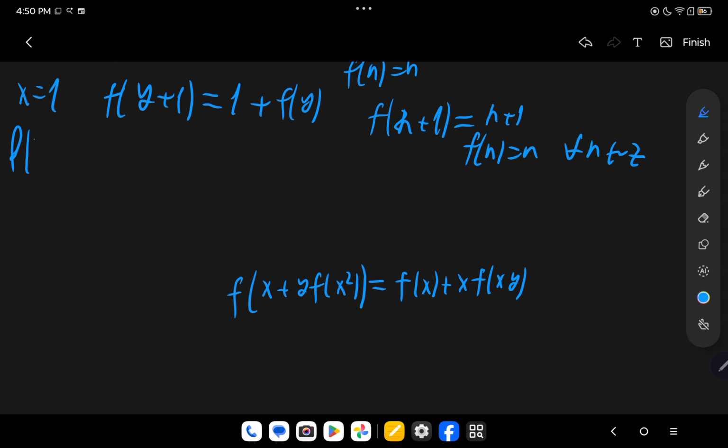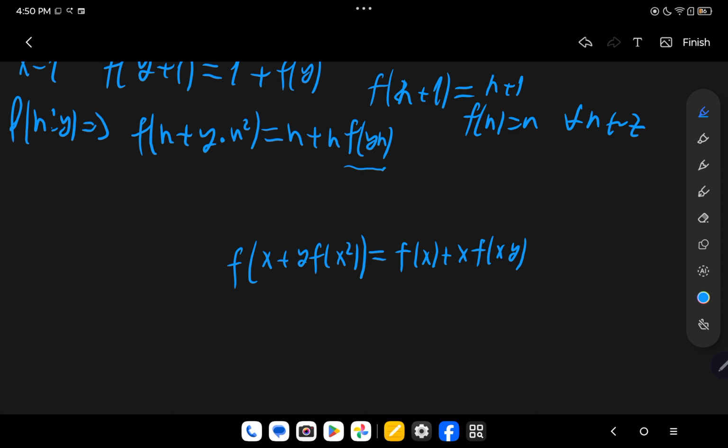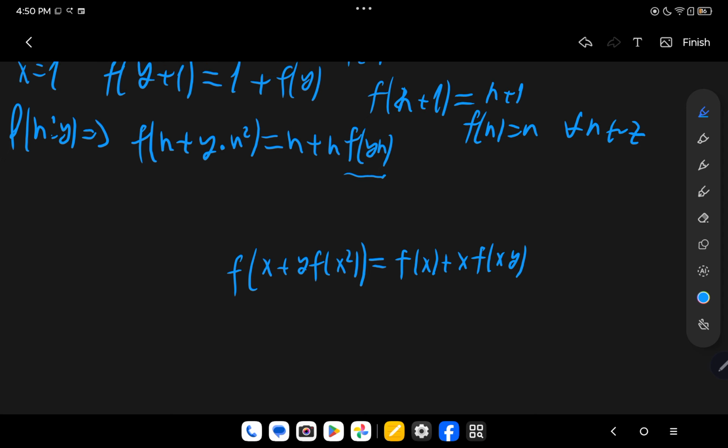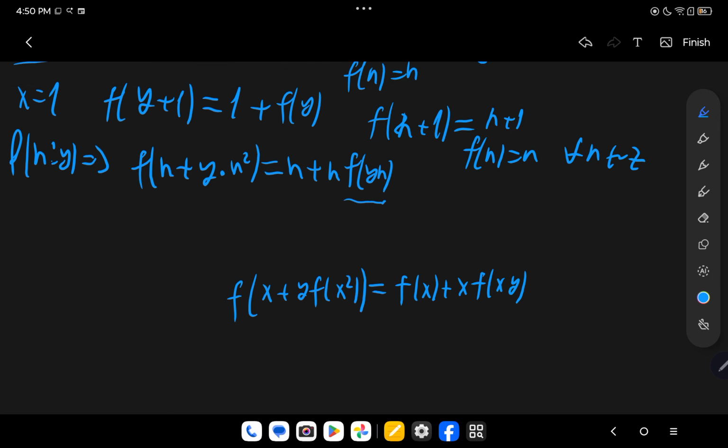Now if we put this, we get f(n plus y) times f(n) squared, which we know is n squared, is equal to f(n), which is n, plus n times f(yn). We can't say that this is equal to yn because this is not always an integer, and we don't need it right now.